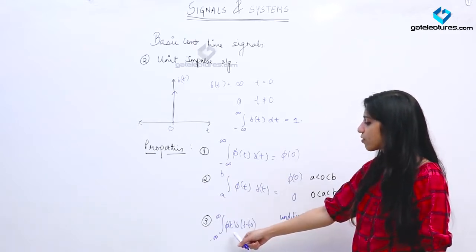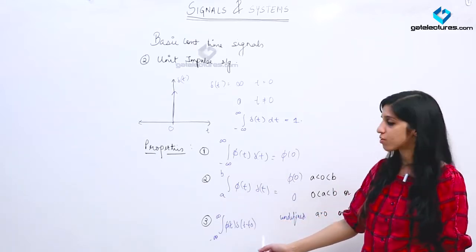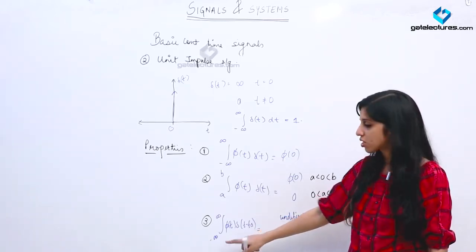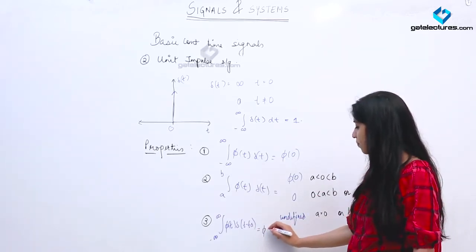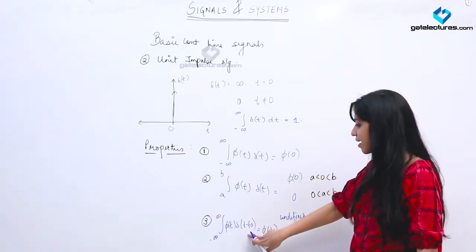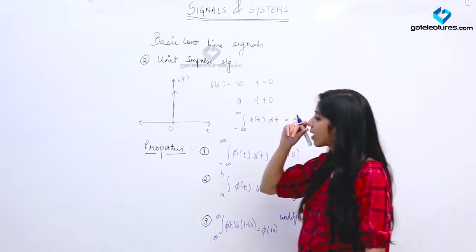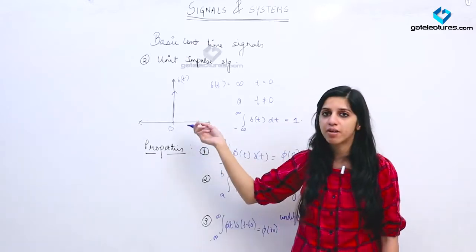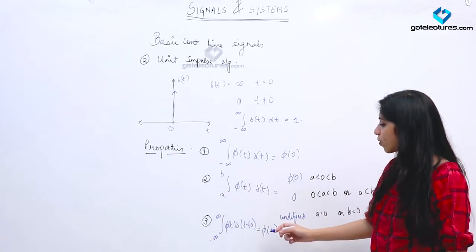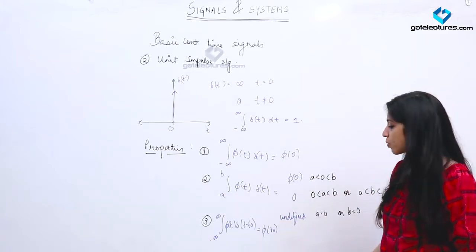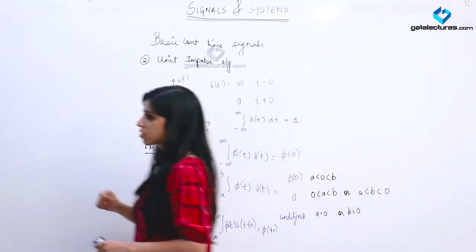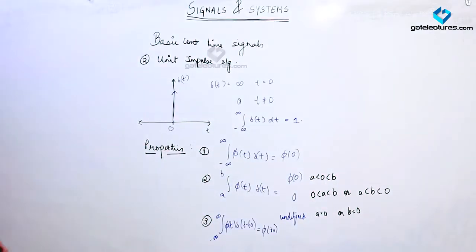So when you are multiplying another function with this shifted impulse function, what happens is we get the value of this testing function at t naught. Why? Because this delta t minus t naught exists only at a single point, which is t naught. So when you are multiplying another function with this function, you are going to get its value at a single point, which is t naught. So there are several other properties of this delta function that we can see.